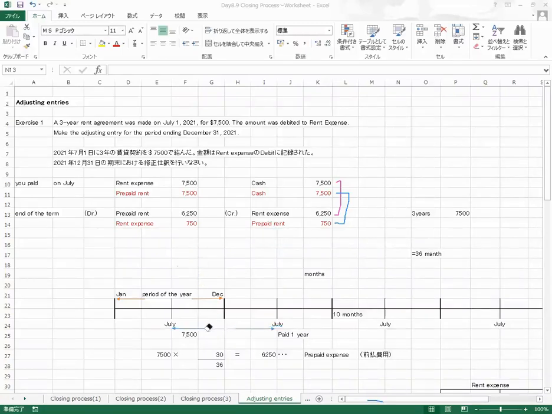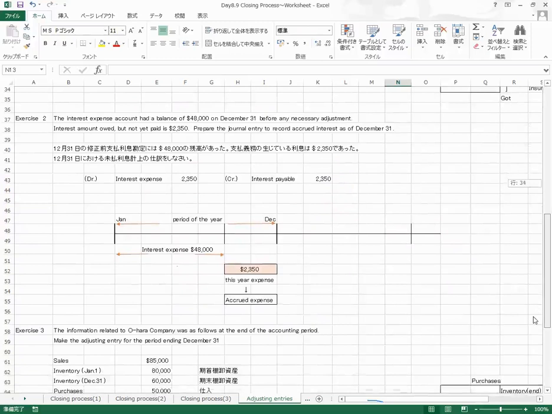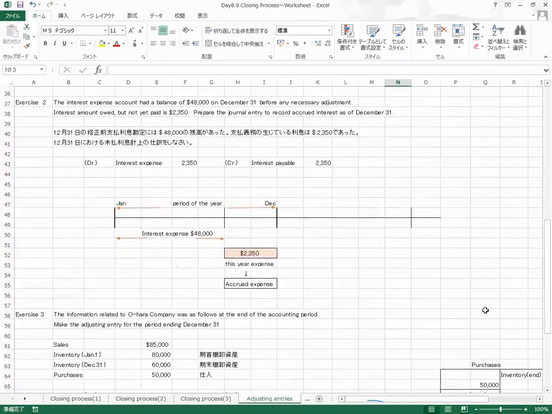So the rent expense is the same. Is it okay for you? Please review this once today.